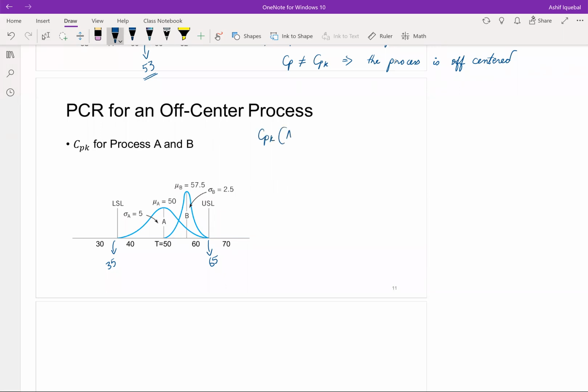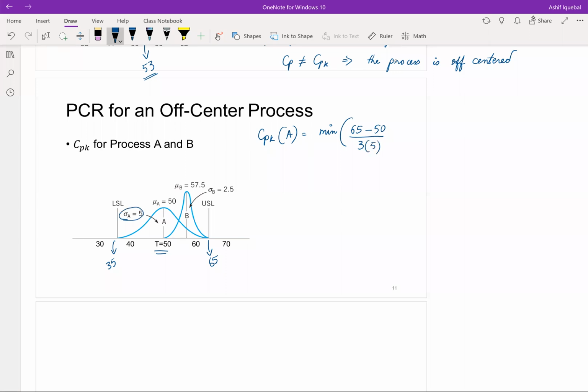CPK for process A is equal to minimum of CPU. CPU can be written as the upper specification limit, which is 65, not 70, 65 minus mean, which is 50 right here, divided by 3 times sigma, which is 5 right here.